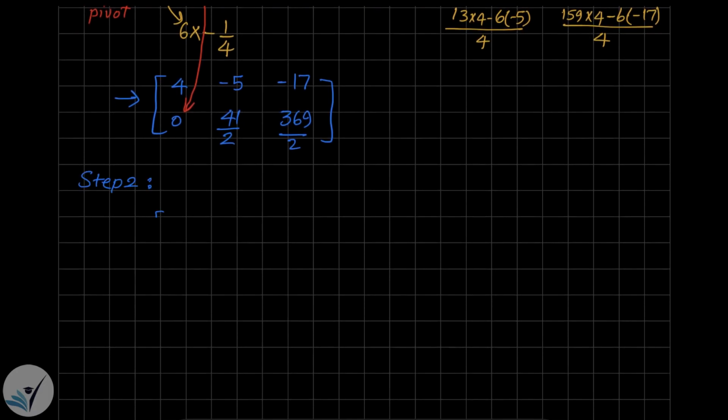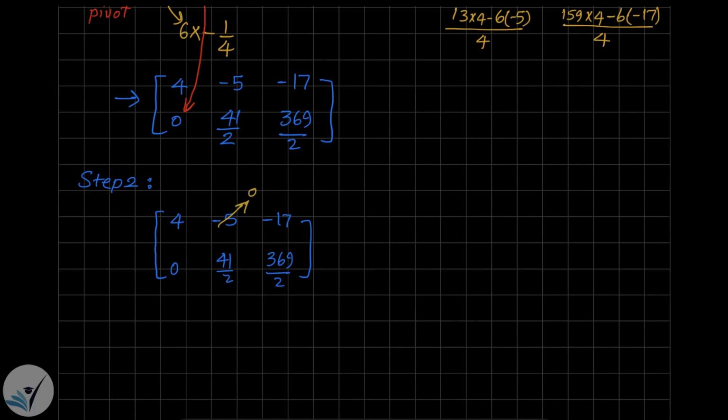I'm going to copy the matrix that we obtained in the previous step here. 4, negative 5, negative 17, 0, 41 over 2, 369 over 2. In this step, the goal is to transform negative 5 to 0.